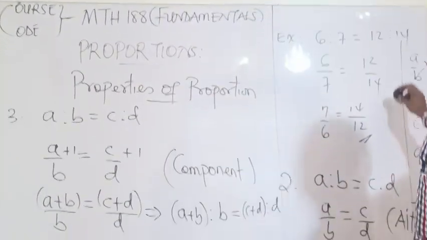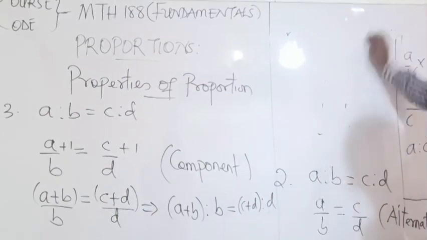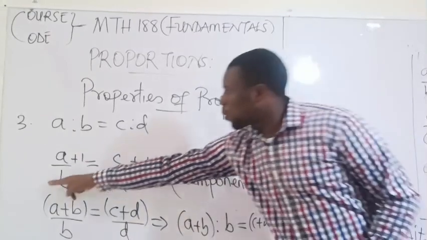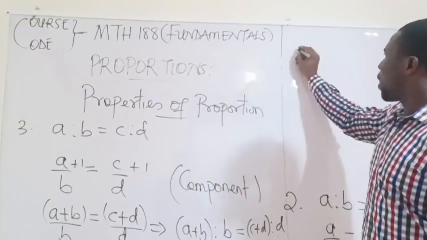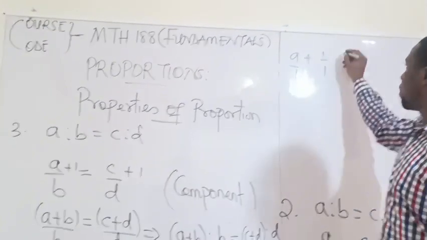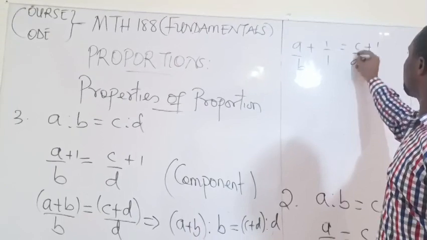Now for those watching who may not really know how I came about this, let me pick it up from here. I have A over B plus 1 over 1 equals C over D plus 1 over 1.